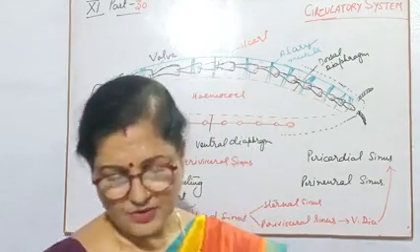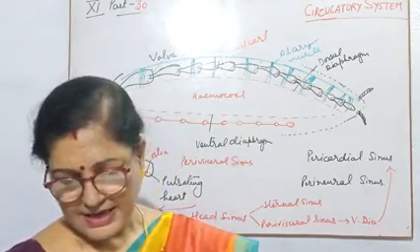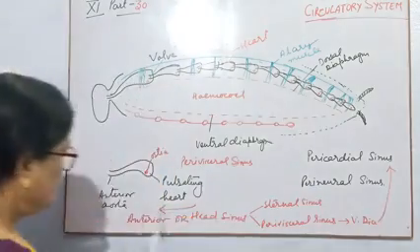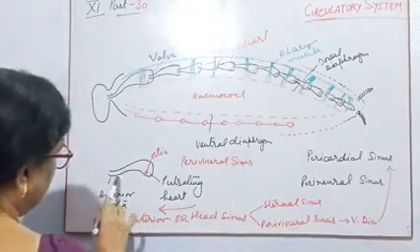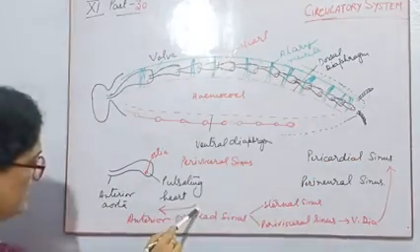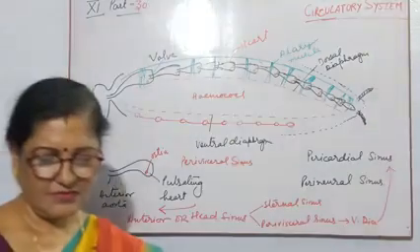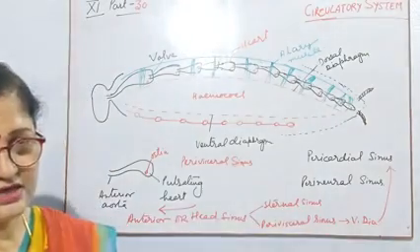So this is the proper circulation of the cockroach, and please remember it. This is the one part of the heart, it is shown here. So the flow of blood is from posterior to anterior. Now children, okay, thank you, God bless you.